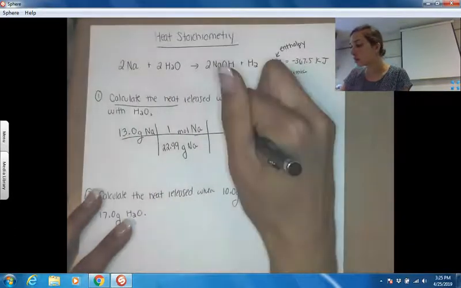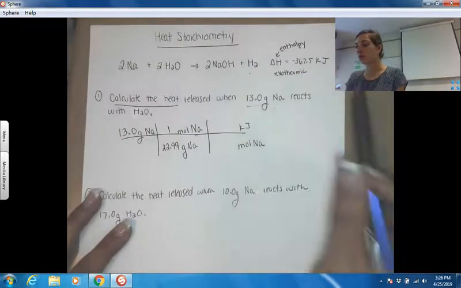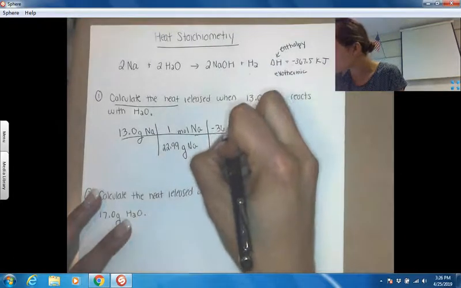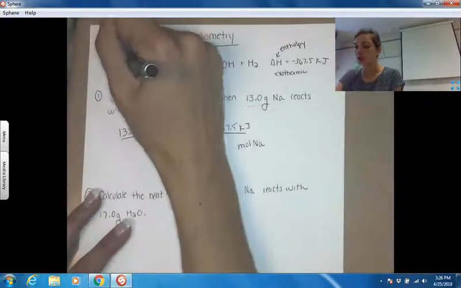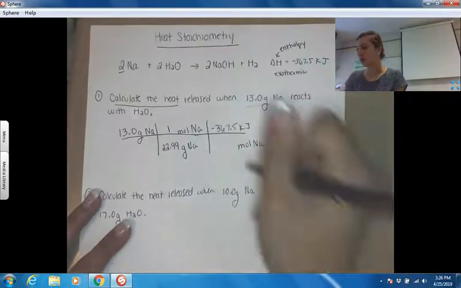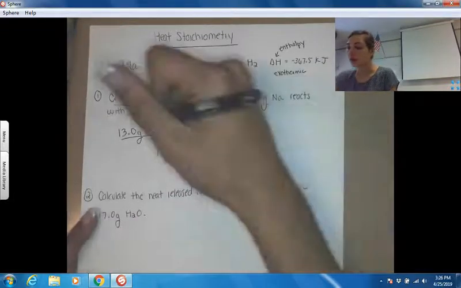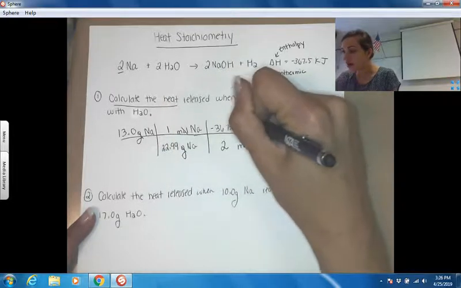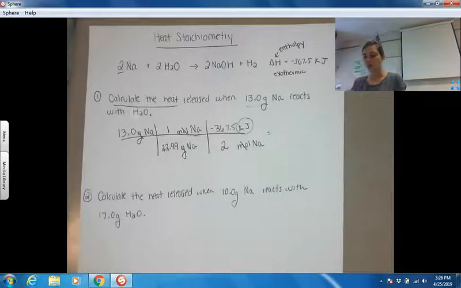So we're going to put kilojoules on top. We know that negative 367.5 kilojoules of heat is released when we use 2 moles of sodium. So now our units are going to cross off, and we're going to be left with kilojoules for this amount of sodium. Go ahead and plug that into your calculator.